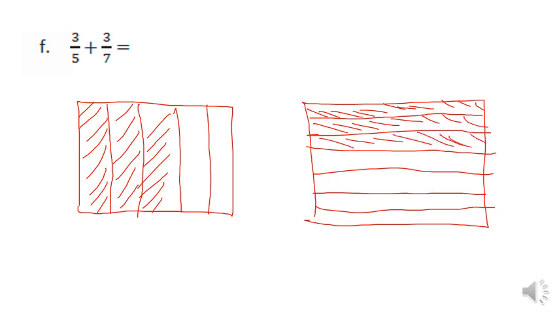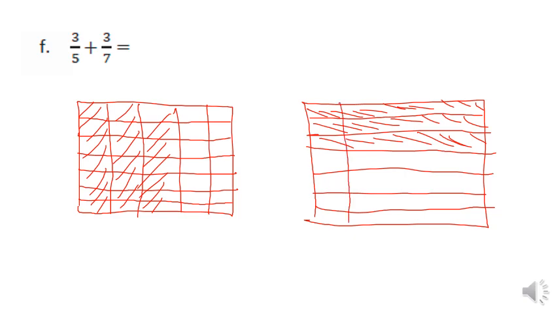Now when I combine them, I'm going to have to split this one in the fifths into 7ths: 1, 2, 3, 4, 5, 6, and 7. And this one I'm going to split into fifths: 1, 2, 3, 4, and 5.